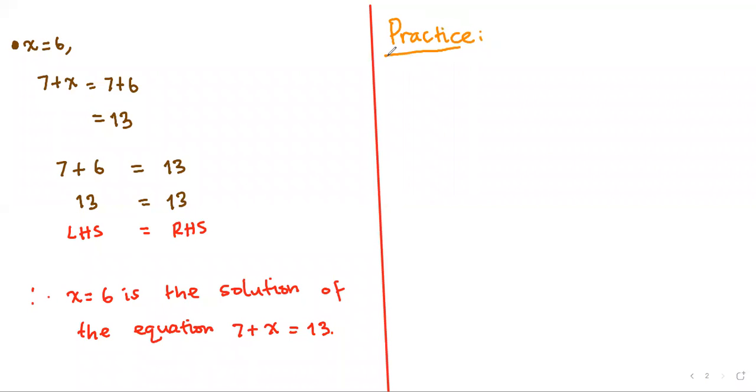This part of practice, I wanted you to determine if the number you were given in the brackets is the solution or it is not the solution. For instance, number one, you had x plus 6 equals 10. You have the left-hand side, which is x plus 6, and the right-hand side, which is 10.